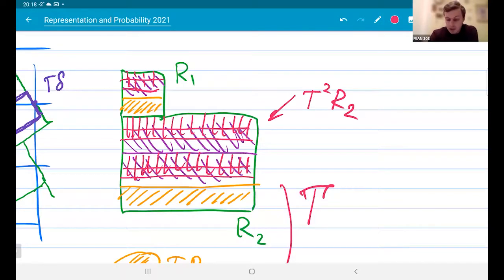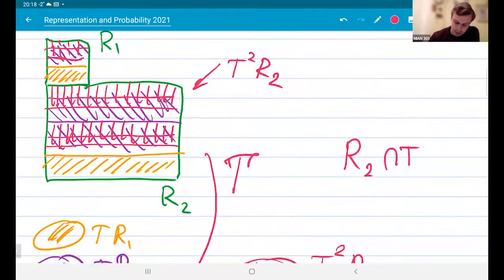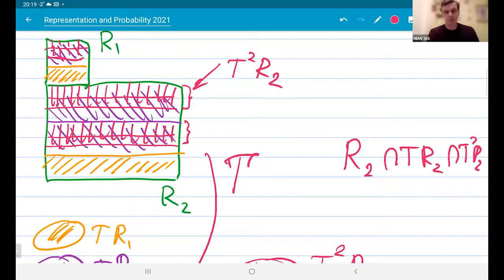Теперь давайте посмотрим на пересечение R2, TR2, T квадрат R2. Оно состоит из двух прямоугольничков, из вот этого и из вот этого. Если мы будем дальше что-то пририсовывать, добавлять пересечение с каким-нибудь R3 или с прошлым, то, скажем на пальцах, от каждой из этих полосочек по-прежнему будут отрезаться какие-то куски.